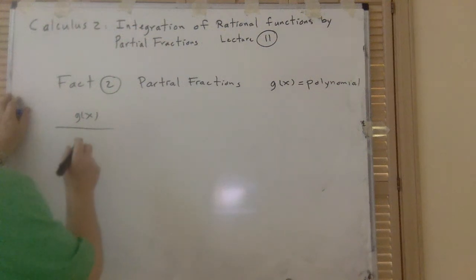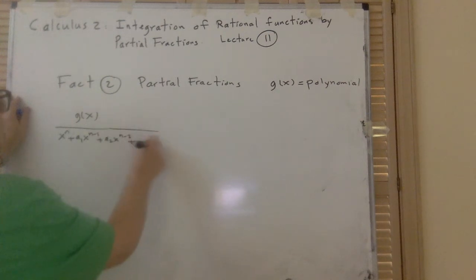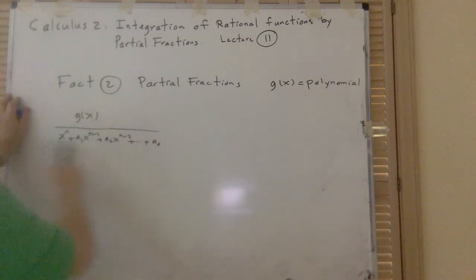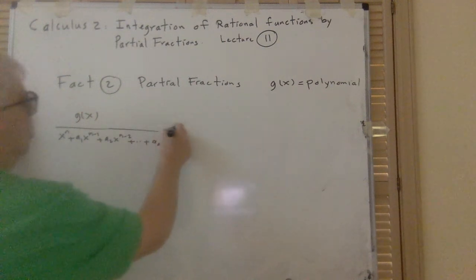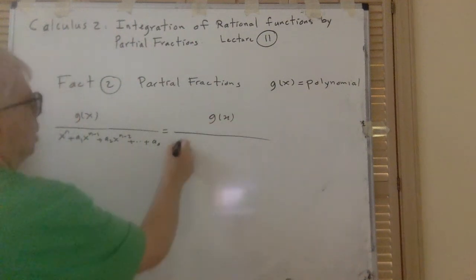But the denominator is a polynomial like this: x^n plus a_{n-1} x^{n-1} plus a_{n-2} x^{n-2} up to a_0. And we know that we can factorize this denominator as something like this.